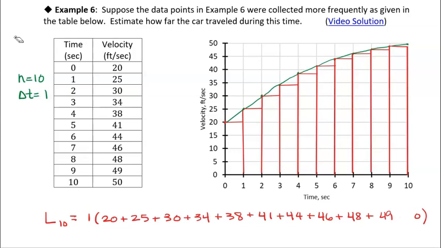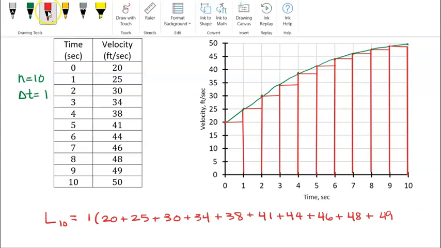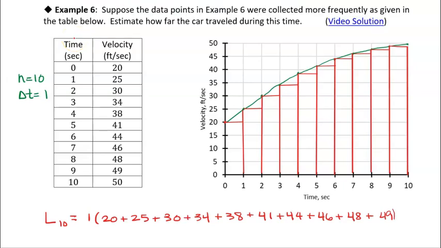This 50, I don't need that one, right? I went too far, because that last rectangle has a height of 49, because I used the value on the left-hand side. So I just took the first 10 velocity values in the table.